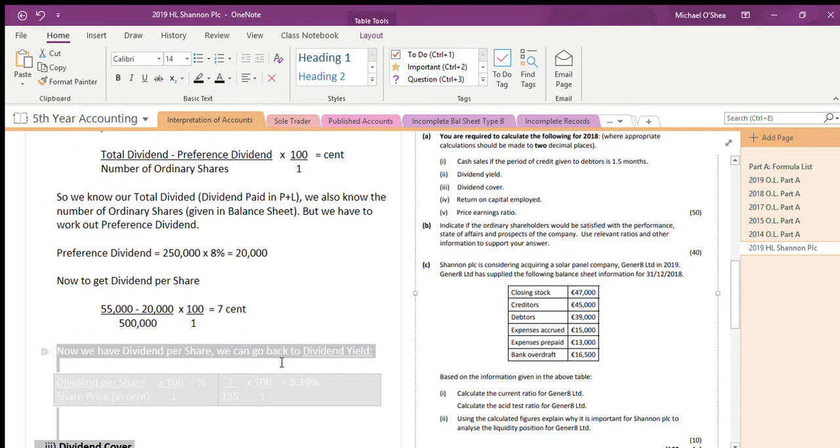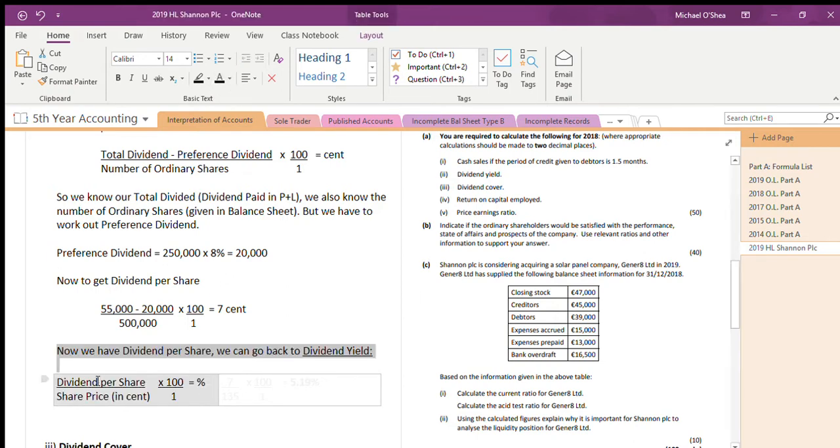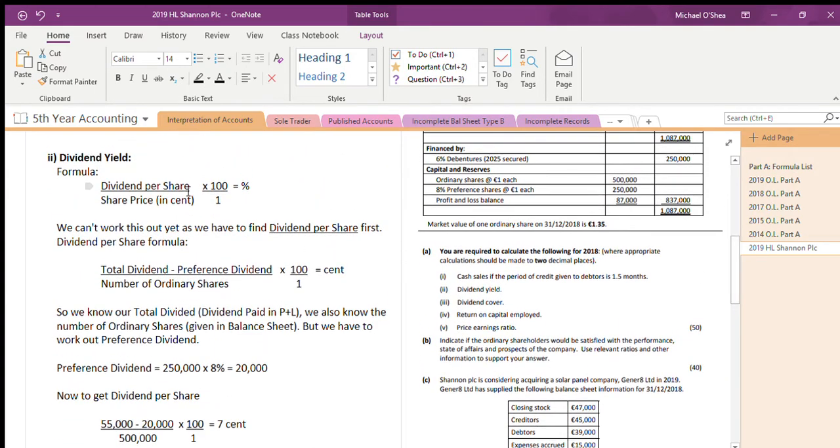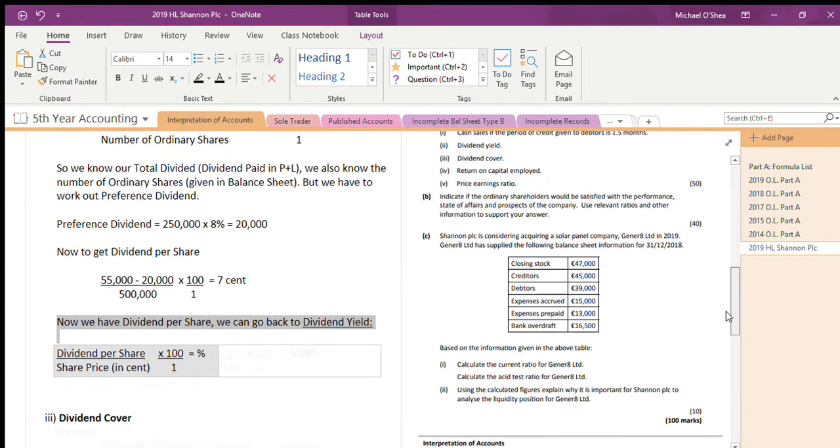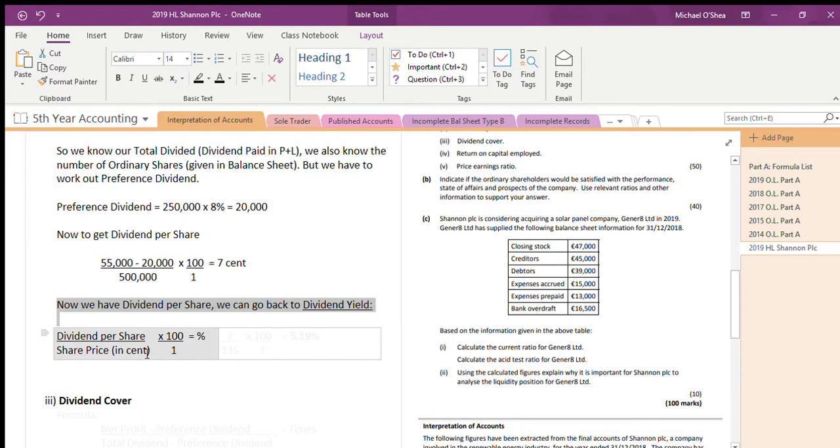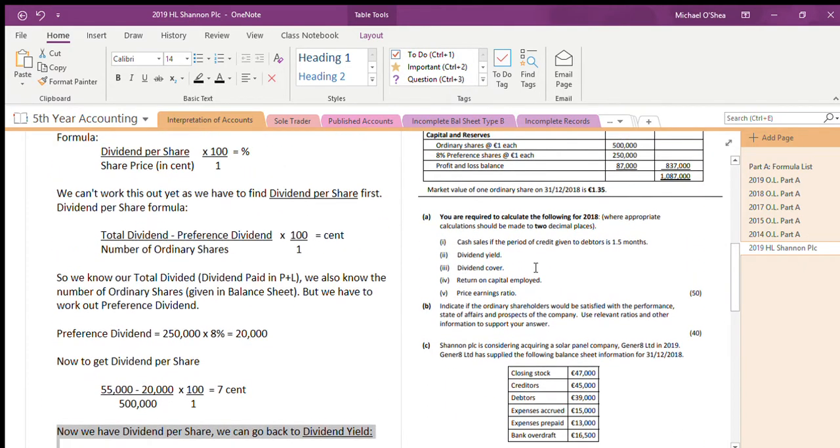We have dividend per share. We can go back to dividend yield, which was this formula. We already looked at it above. I'm just taking it down to this point. Dividend per share divided by share price in cent, multiplied by 100 over 1. Again, that's my share price, at the bottom of the balance sheet.